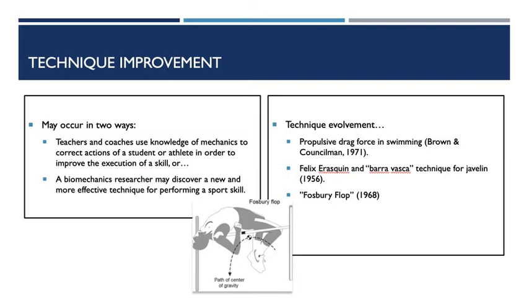In the first instance, teachers and coaches use qualitative biomechanical analysis methods in their everyday teaching and coaching to effect changes in technique. In the second instance, a biomechanics researcher uses quantitative biomechanical analysis methods to discover new techniques, which then must be communicated to the teachers and the coaches who will implement them.